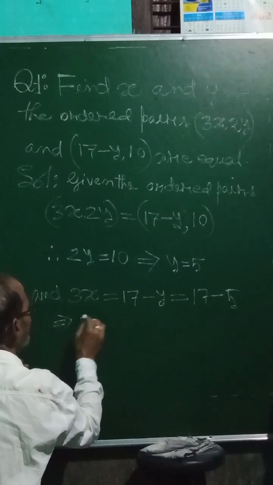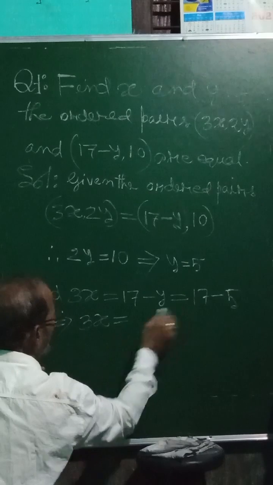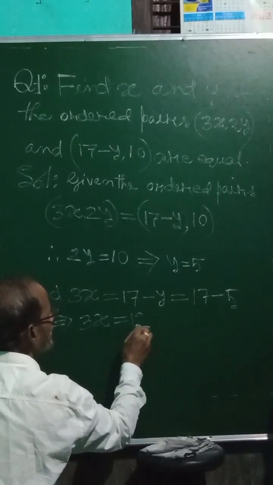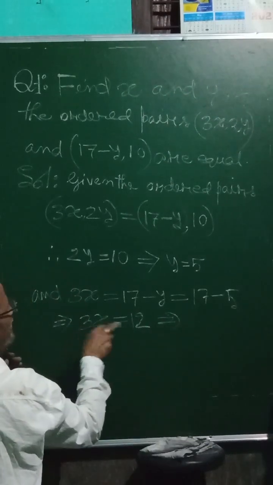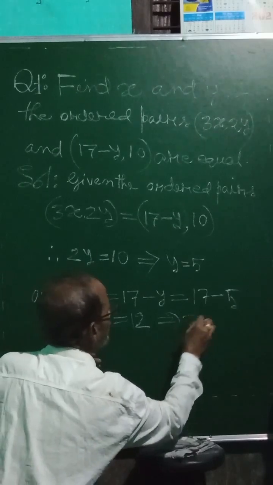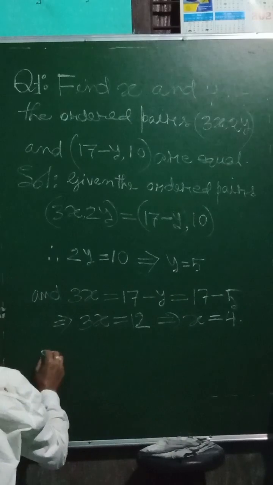This implies 3x is equal to 12, so x is equal to 12 by 3, meaning x equal to 4.